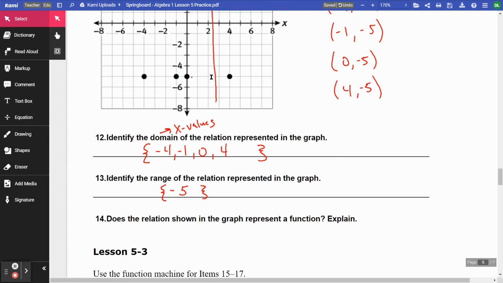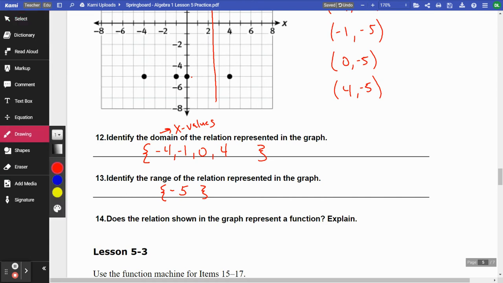Yeah. So does the relation in the graph represent a function? The answer is yes. And if it's yes, then we state the definition of a function. Every input has exactly one output.